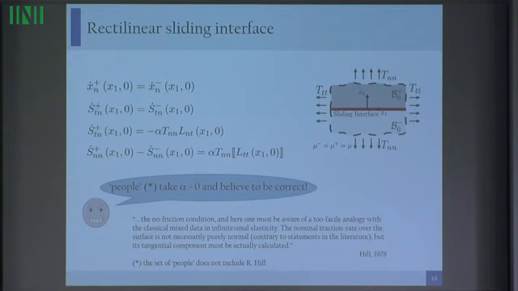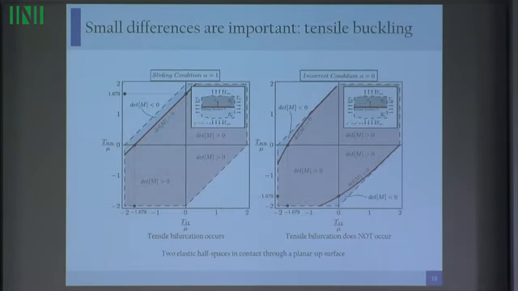Only in that specific case. Otherwise these conditions are different. So usually people take alpha equal to 0, and we see that the correct solution is not that, but is alpha equal 1.